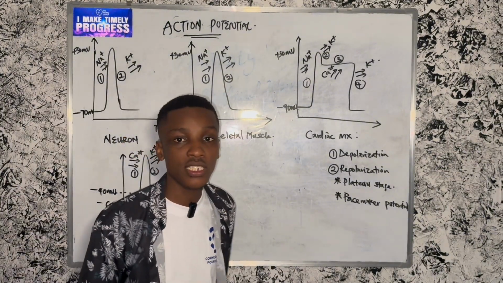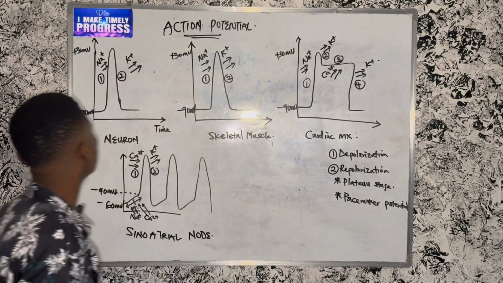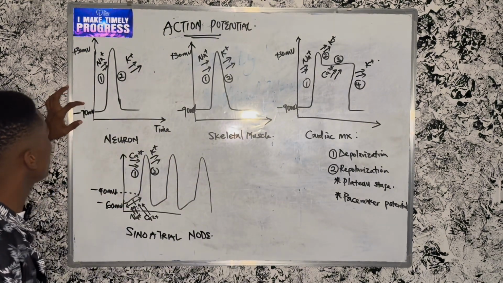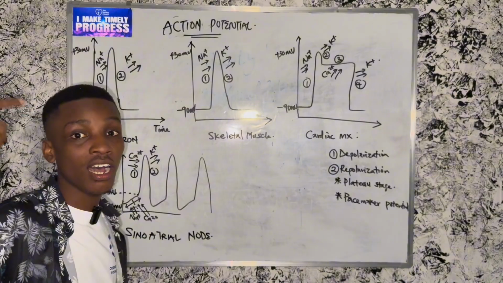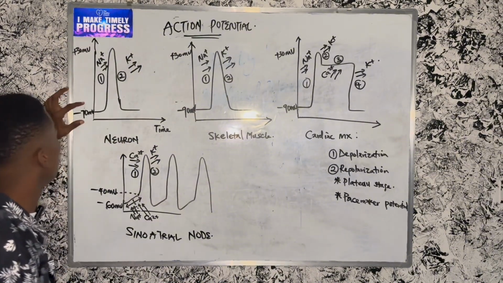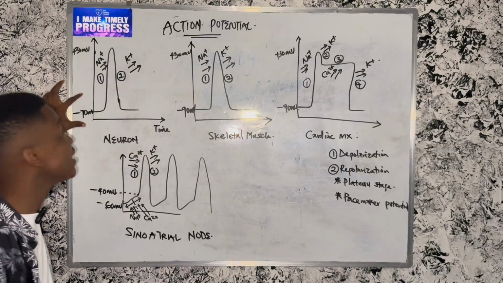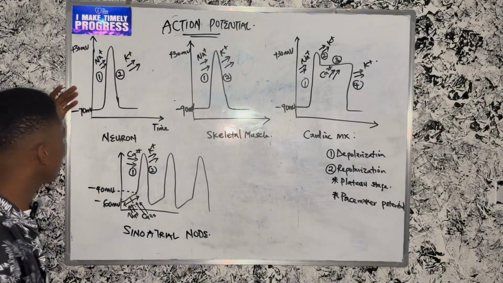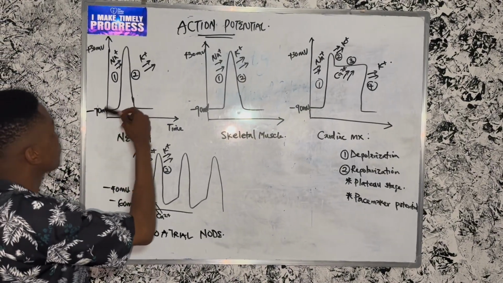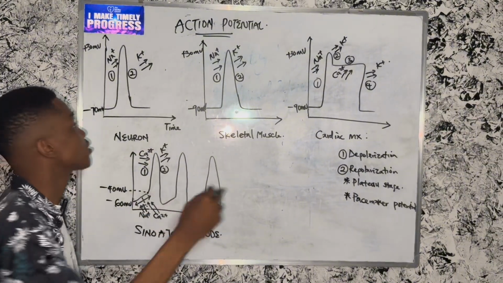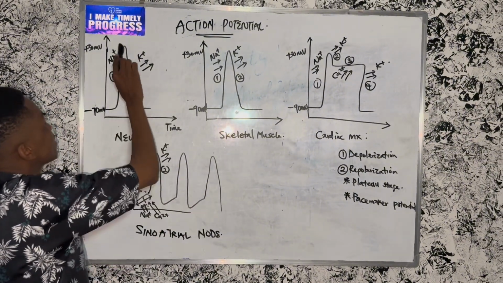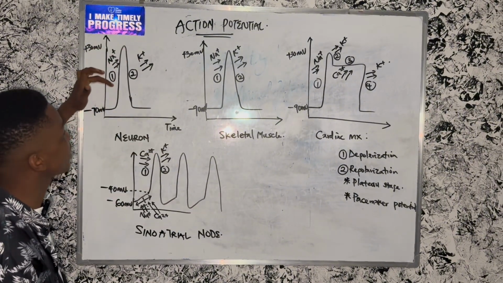For a neuron, the resting membrane potential, which we learned in our first video in the membrane physiology playlist, was minus 70 millivolts. Once the stimulus is brought, there's a spike. That spike is called action potential.